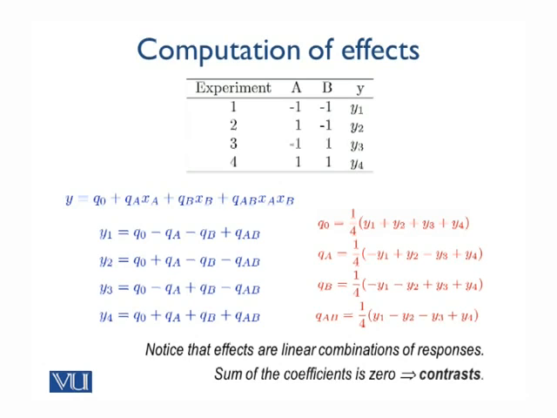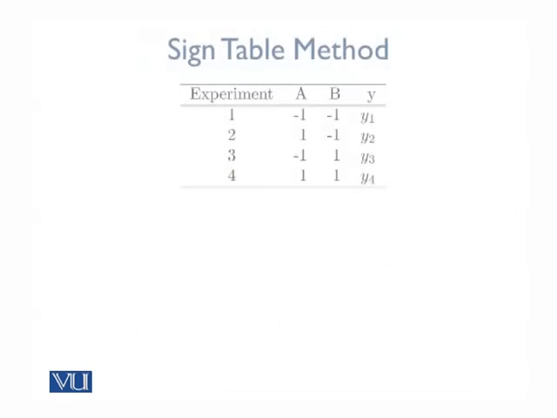That is the case for QB, and also the case for QAB. This is very useful, and we will see that it facilitates analysis a lot. So based on just these formulas, we can find a more convenient way of determining these effects, and that method is known as the sign table method, a very simple way of calculating the effects. So let us see how this works.